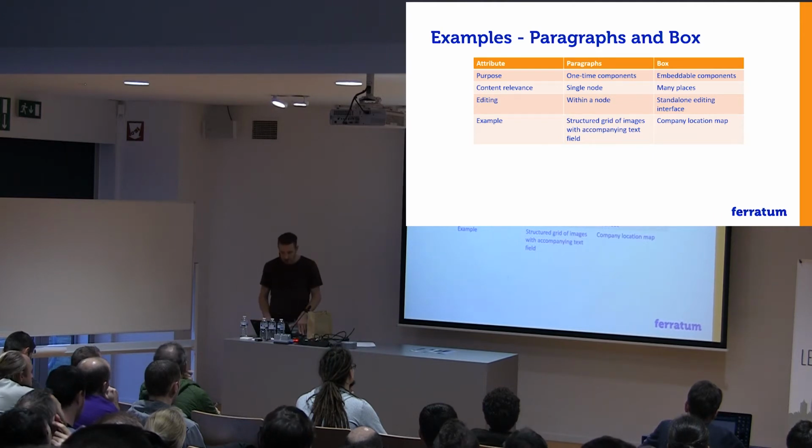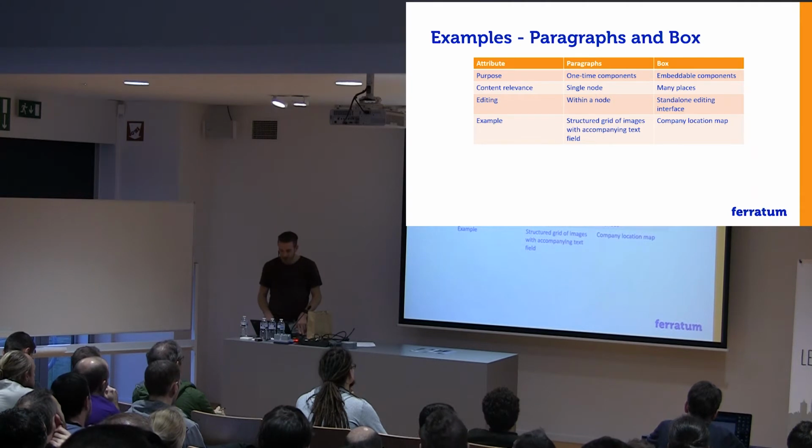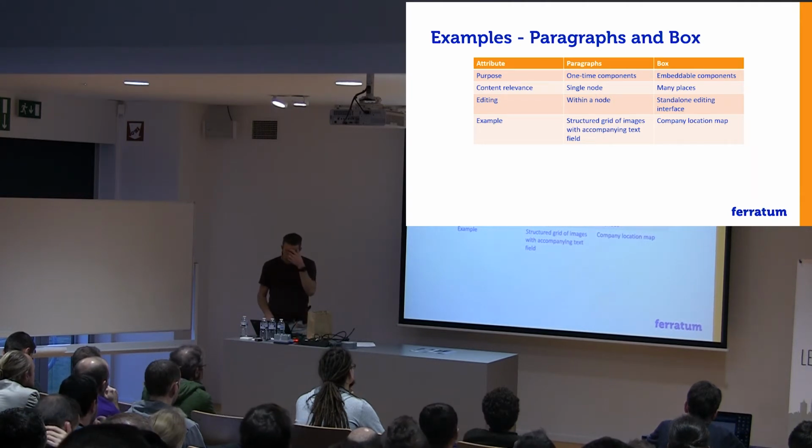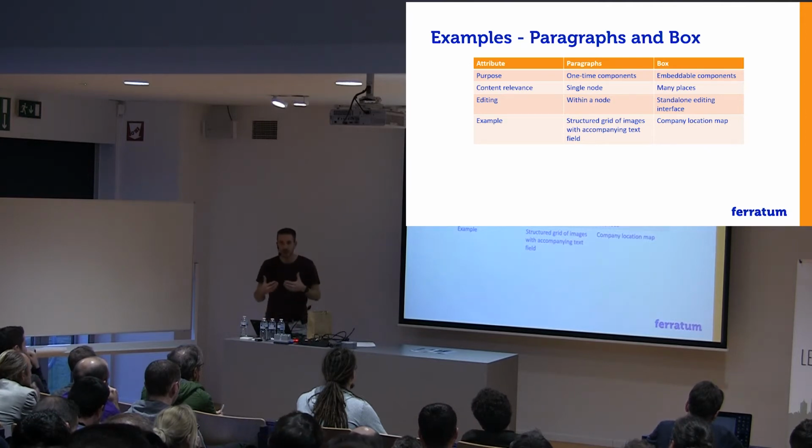The reason for that being, basically, there were three. First of all, there was this issue with embedding. You have a block entity and you have a block, and the block entity was never designed to be displayed outside of the block. It's not an embeddable entity by design in Drupal 8. It might be possible in Drupal 9, but it's not in Drupal 8.